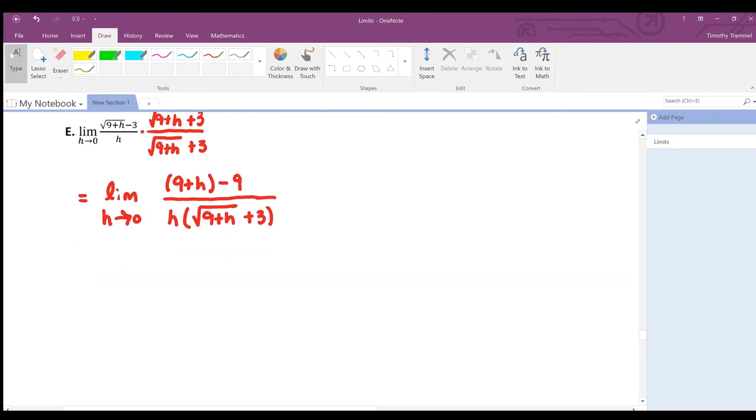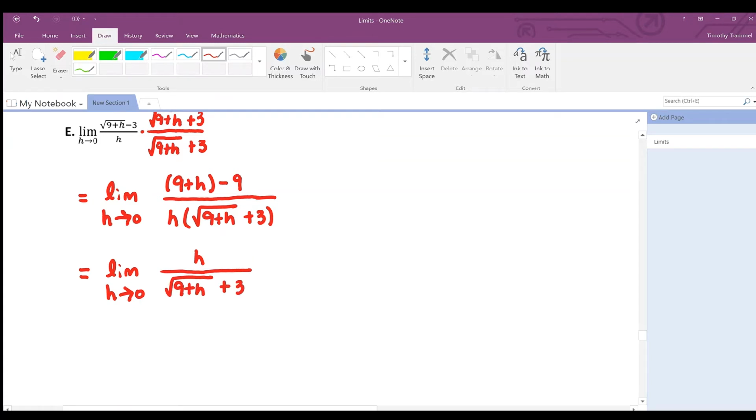And we can go another step further. You can see that the 9's cancel. Right? 9 minus 9 is 0. So we get the limit as h approaches 0 of h all over the square root of 9 plus h plus 3.